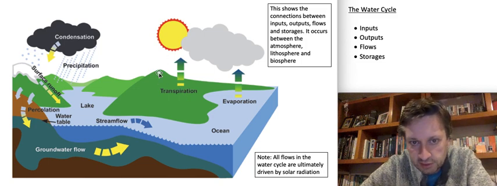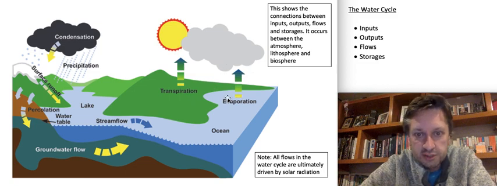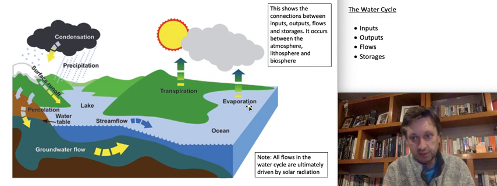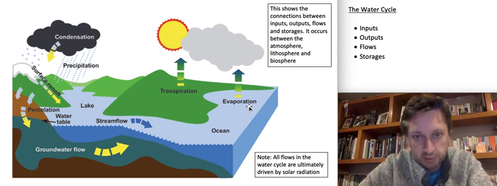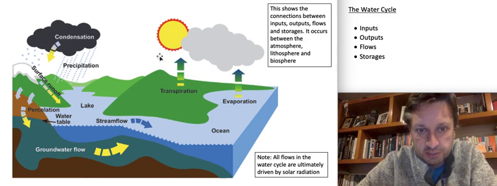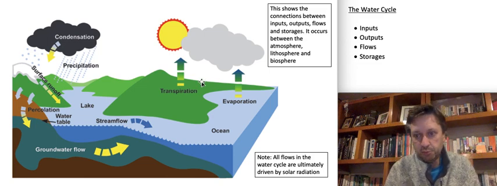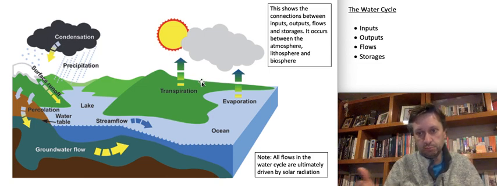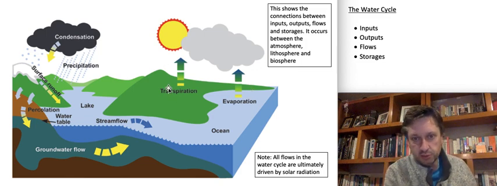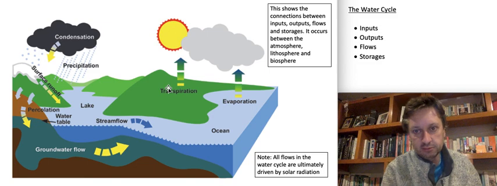Another two outputs you can see here: one is evaporation, which is obviously just the change of state from liquid water to water vapor, again driven by solar energy, or transpiration. Transpiration is the evaporation of water from the leaves of plants that pulls more water up through the roots of the plants. Together, very often scientists will call that one process and they'll refer to it as evapotranspiration. One word.